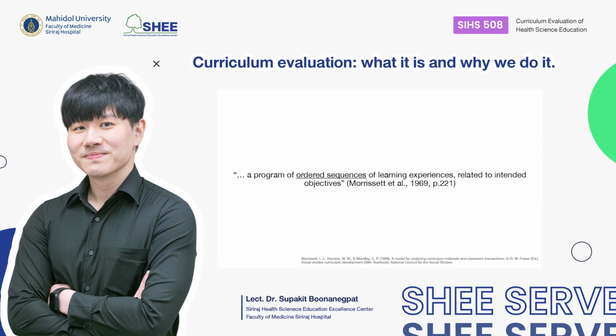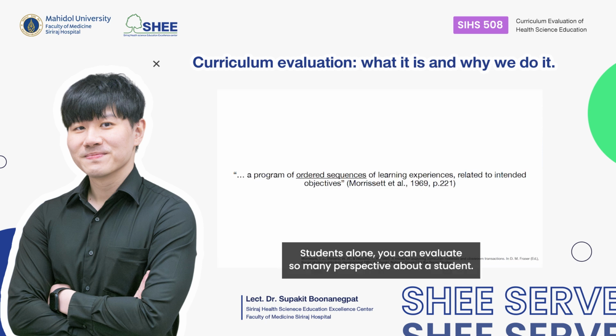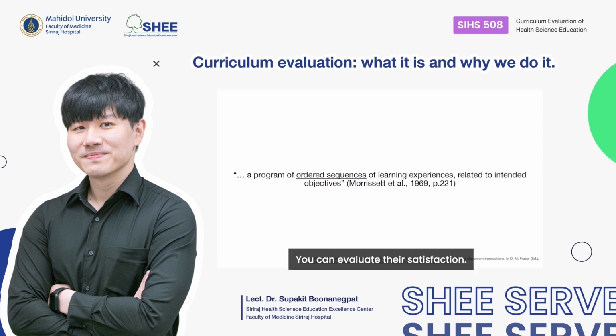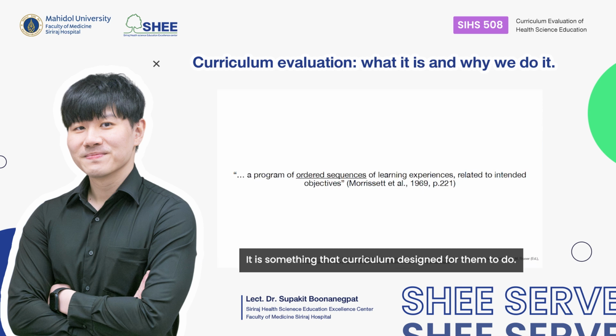And students alone, you can evaluate so many perspectives about them. You can evaluate their satisfaction. You can evaluate their behaviors in class. All of those things fall under curriculum evaluation because they are covered by the curriculum. It is something that the curriculum designed for them to do.